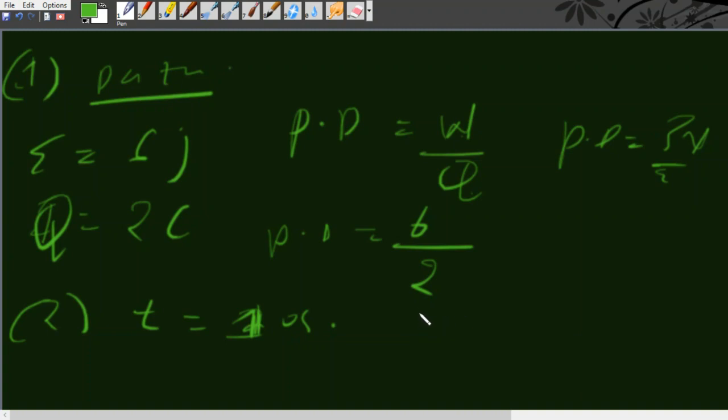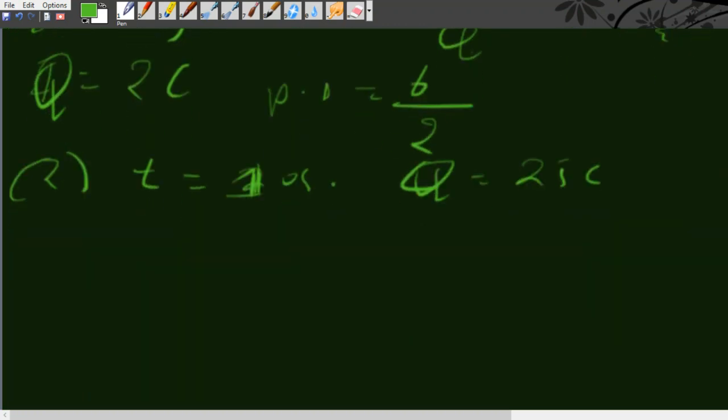We know that our charge Q is 25 coulomb, and 200 joules of energy are delivered to an outside circuit as a result. So here we know that our energy is equal to 200 joules.